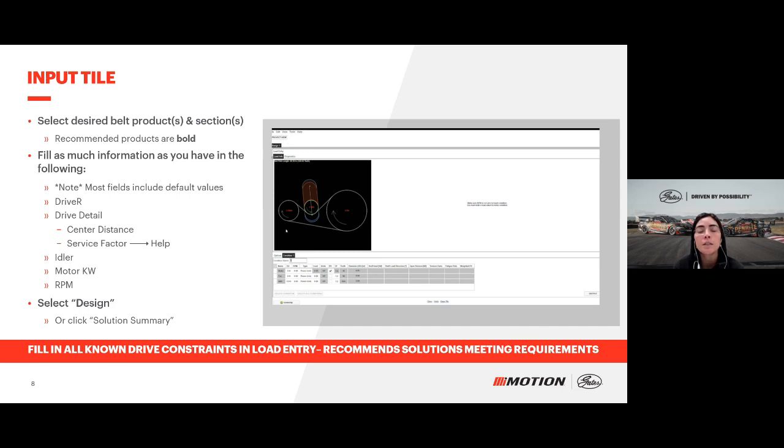You will obviously need a center distance, and if there is any idler, back idler, or inside or outside idler, you will need a confirmation for that as well. Also for the inputs, you will need the motor, so the kilowatts and RPM. Next slide.